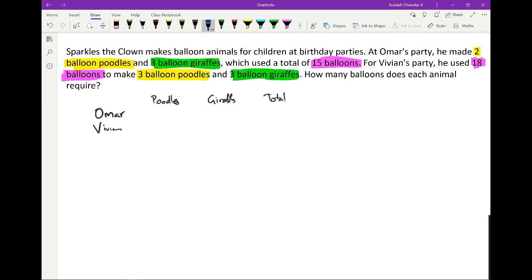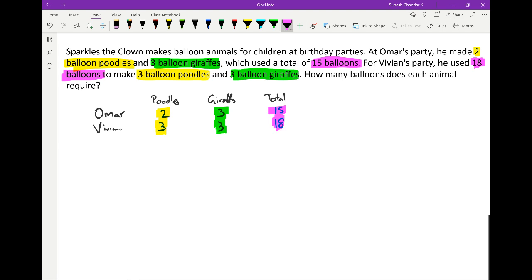For Omar, you've got 2 poodles, 3 giraffes, total of 15. As for Vivian, 18 total, 3 poodles, and 3 giraffes. Again, with the color scheme, the 2 and 3, the giraffes in green, and the total in purple.